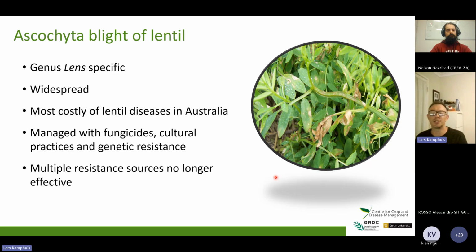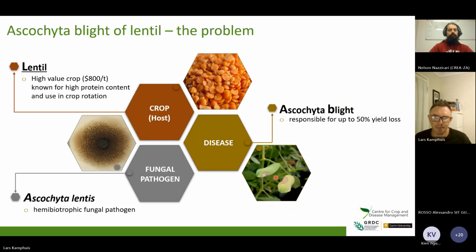So over the years in Australia, certain resistance sources have been overcome and are no longer as effective as they used to be, and there's a clear pathotype structure. And that's what our research has been focusing on. So lentil is a high value crop in Australia, and we mainly export it to the Asian continent.